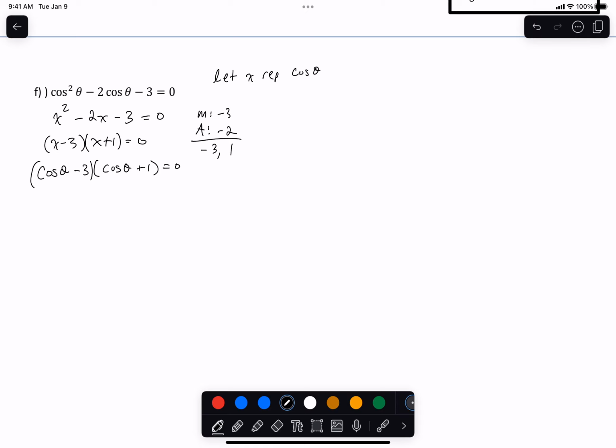Okay, and so what we can do now is both of these can equal 0. So cos theta - 3 = 0, and cos theta + 1 = 0. And so we get cos theta = 3, and cos theta = -1.